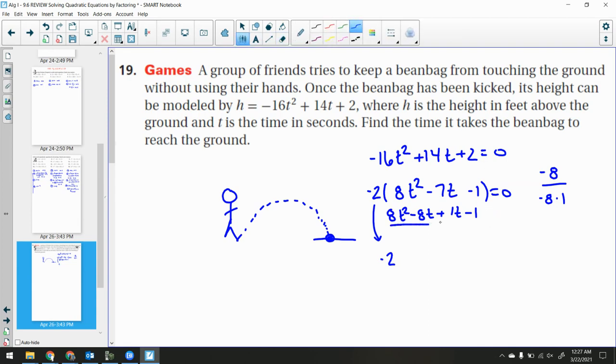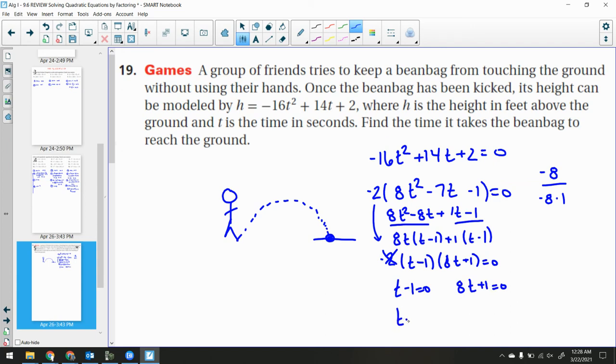Factor by grouping. We pull out an 8t, leaving a t minus 1. We pull out a 1, leaving a t minus 1. So this is a t minus 1 and an 8t plus 1, equaling 0. Now this negative 2 goes away because it does not count as one of my zeros, but I'm going to have t minus 1 is equal to 0 and 8t plus 1 equals 0.